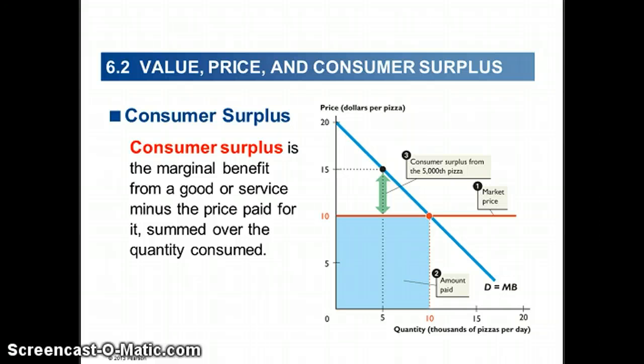The consumer surplus is the difference between the market price and the demand curve, which we can call the marginal benefit curve.